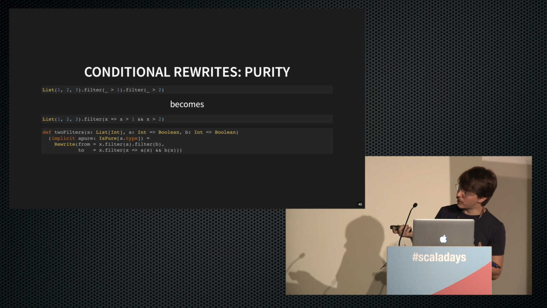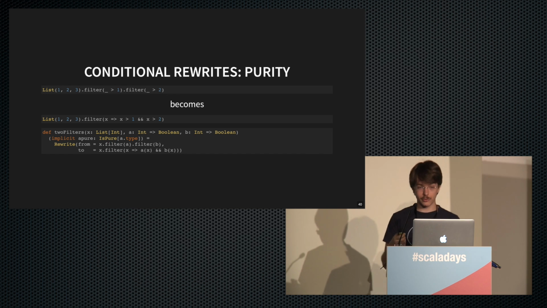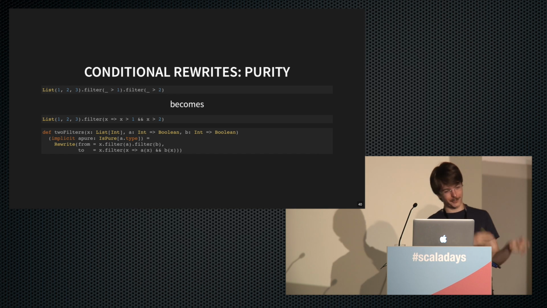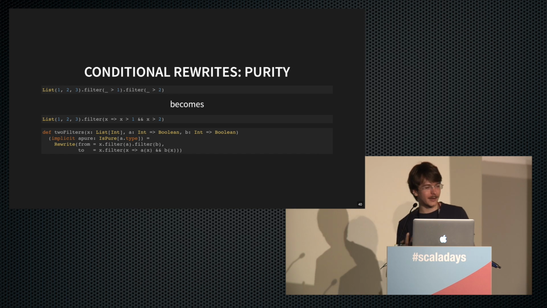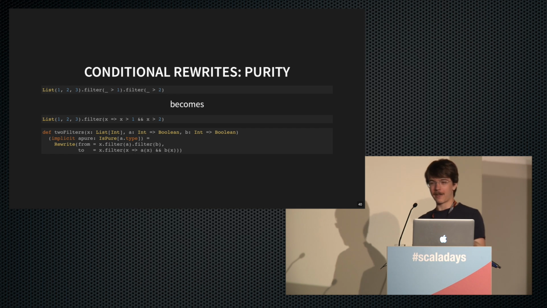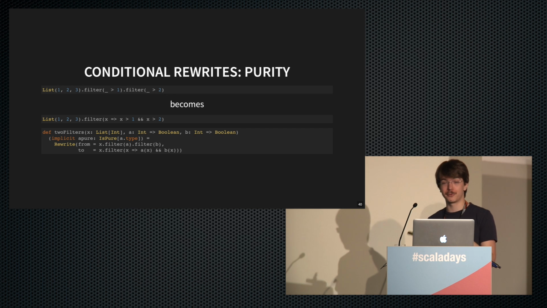So the is pure here is actually part of the analysis which the Linker does, which is not a purity analysis as if the author wrote it as pure. It's more of an analysis that can see whether it's not pure. Are there any effects which escape? Are there any effects that are observable?